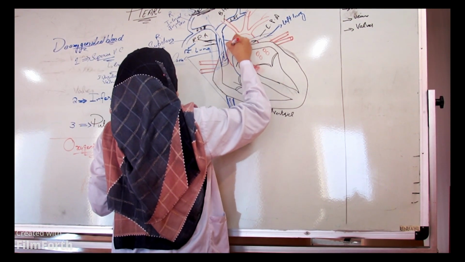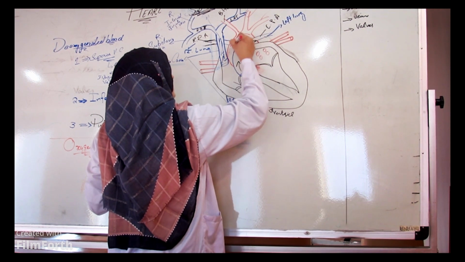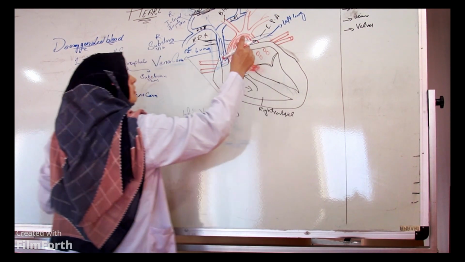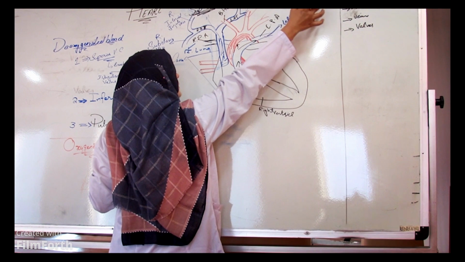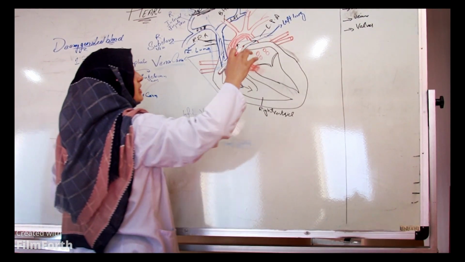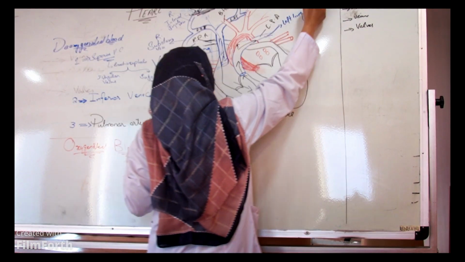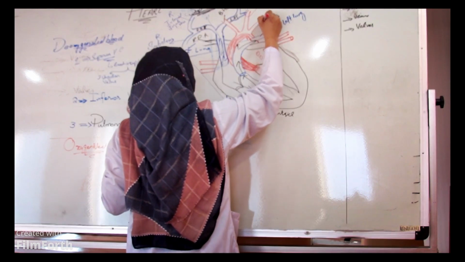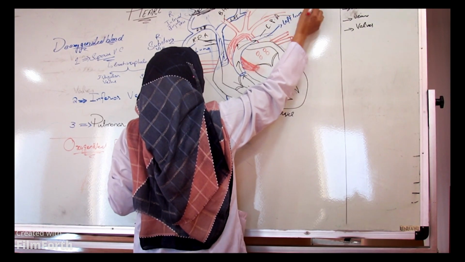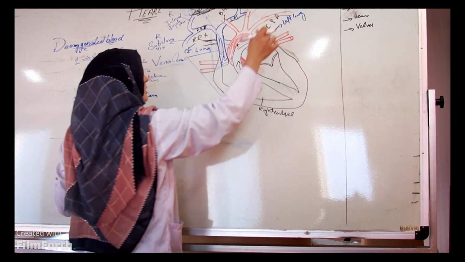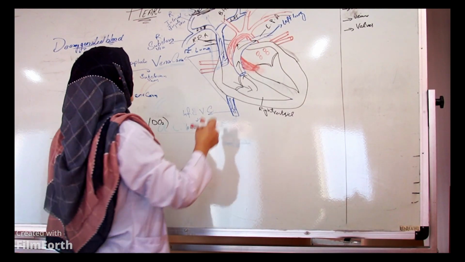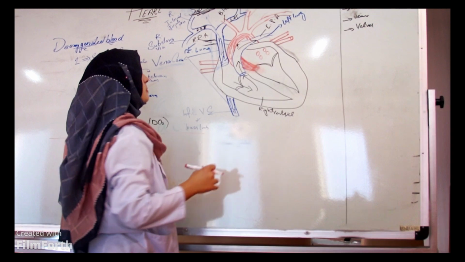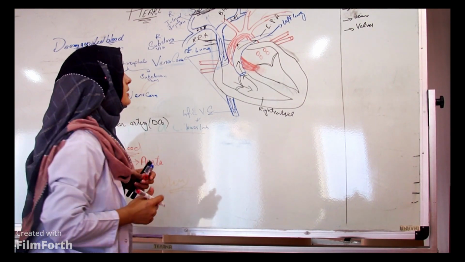Here, the arch of the aorta. The left carotid artery and left subclavian artery originate from the arch of the aorta directly. The subclavian artery supplies the left side of the upper limbs, and the left carotid artery supplies the left side of the head and neck.